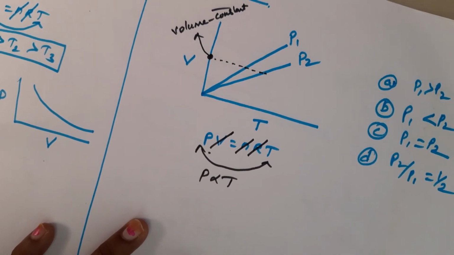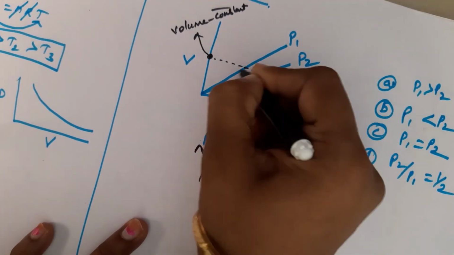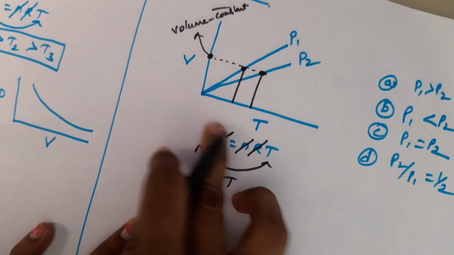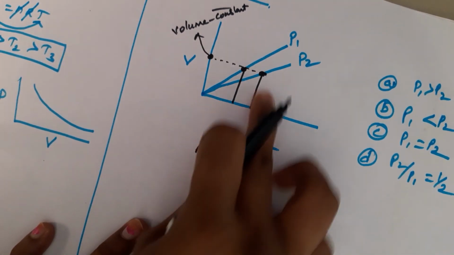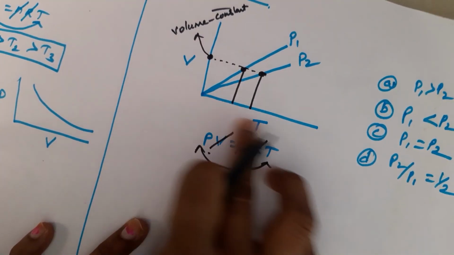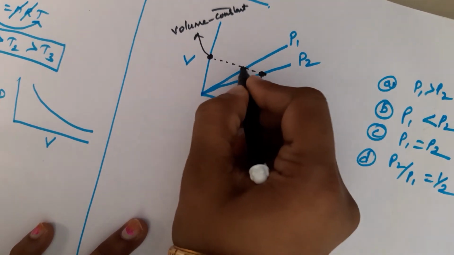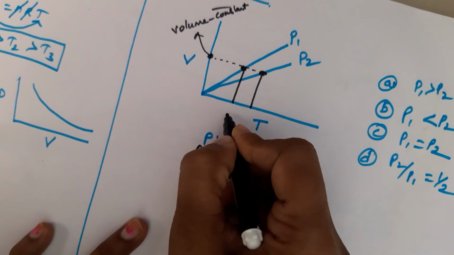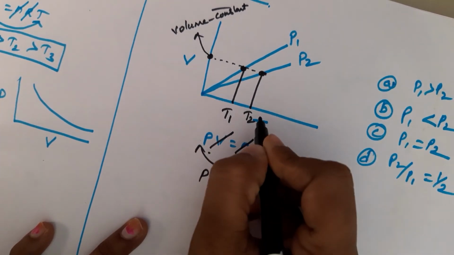Just draw the lines which touch the x-axis. This curve corresponds to T1 and this curve corresponds to T2.